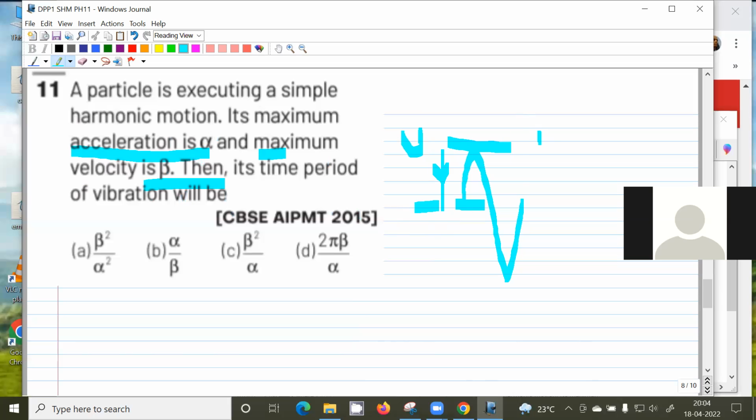So here the acceleration is alpha, and again you can use the same formula: velocity is omega into square root of a square minus x square, and acceleration is minus omega square x. Use the velocity at the mean point and the acceleration at the extreme point. Put those values and you'll get omega.